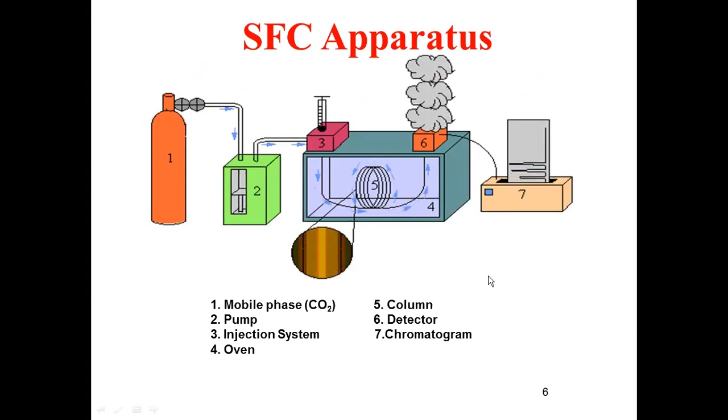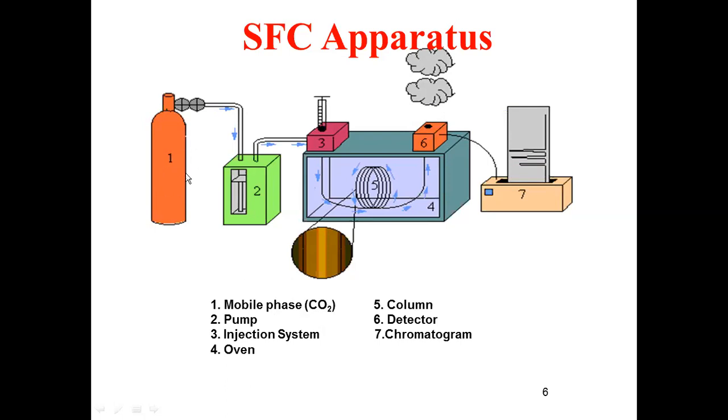As you saw yesterday, while explaining the instrument for the supercritical fluid extractor, here a supercritical fluid containing tank is required, and the supercritical fluid will act as the mobile phase here. More commonly, assume supercritical carbon dioxide is employed as the mobile phase.